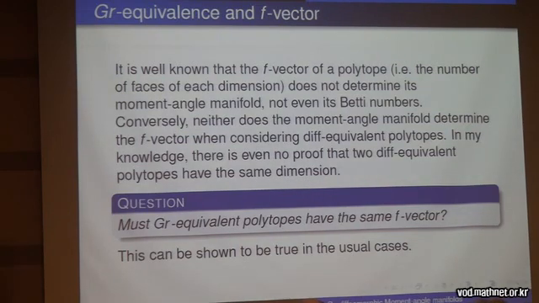Do two polytopes with the same bigraded Betti numbers have the same F vector, so the same number of faces of each dimension? But the F vector can be expressed via the bigraded Betti numbers. Yes, the F vector is a linear combination. No, that's correct. Okay, I didn't know. So this is not unknown.